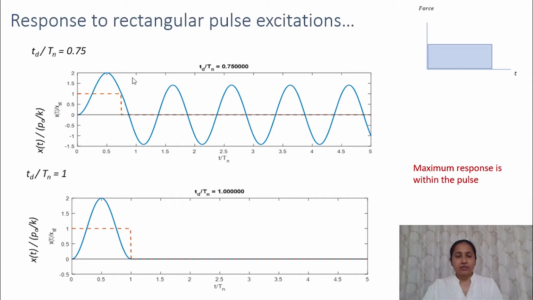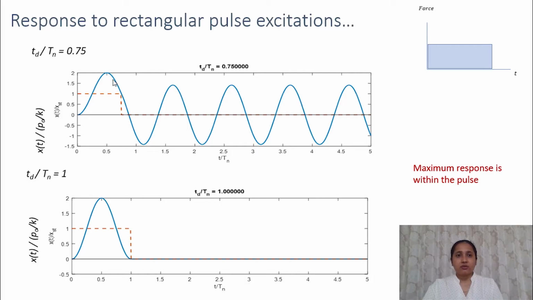Based on these two responses, we can see that the maximum response is happening within the pulse. That means the maximum response is happening during the forced vibration. We have seen earlier that when Td by Tn was less than half, the maximum response was happening during the free vibration phase.